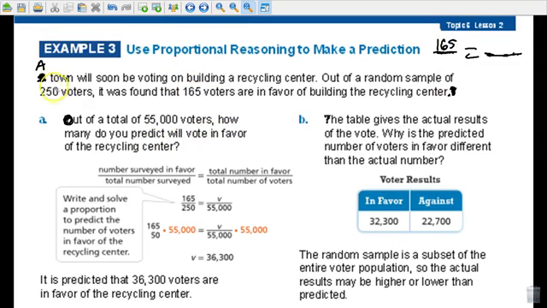The total number in my sample will go on the bottom, so I get 250. Then on the other fraction of my proportion, it is the total number in favor of the actual population that are voting, which would be V. We do not know that. And that goes over the total number of voters, which is 55,000.